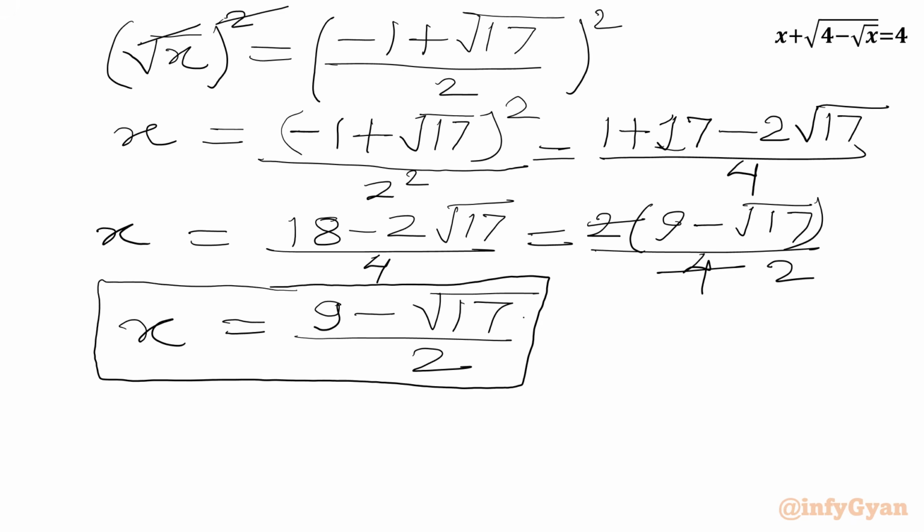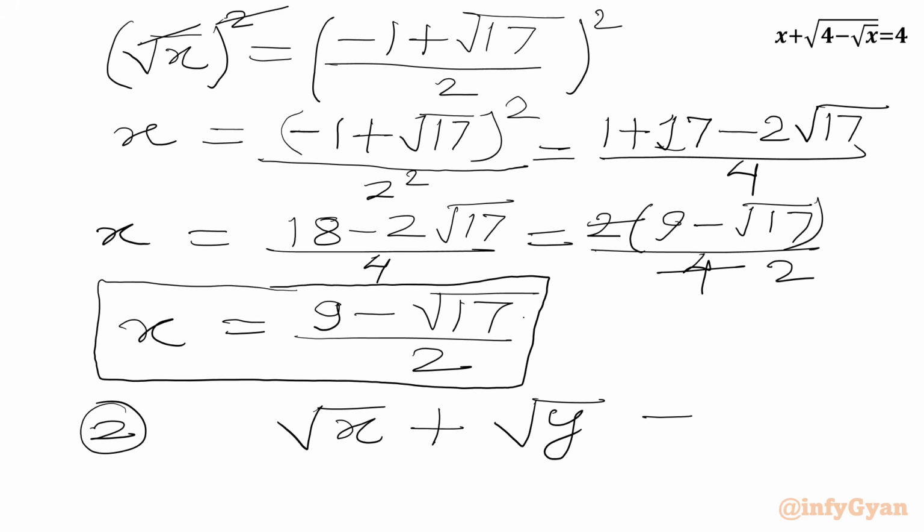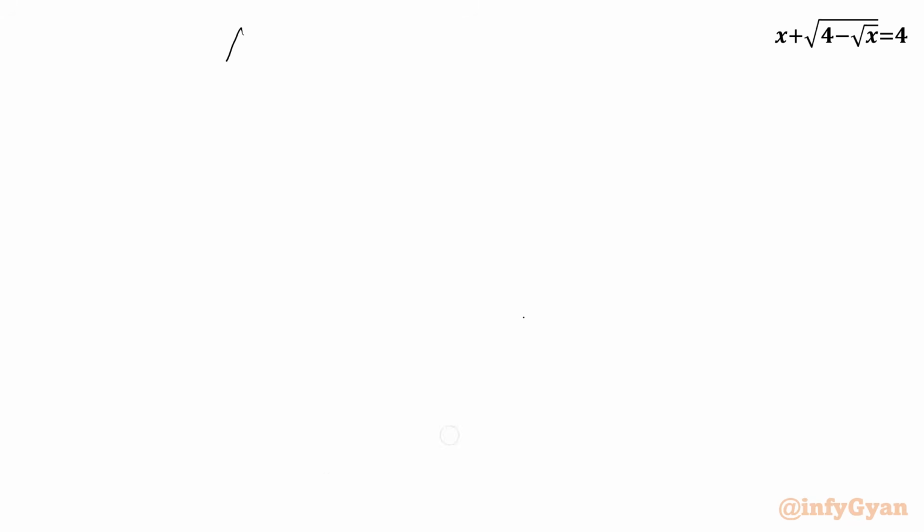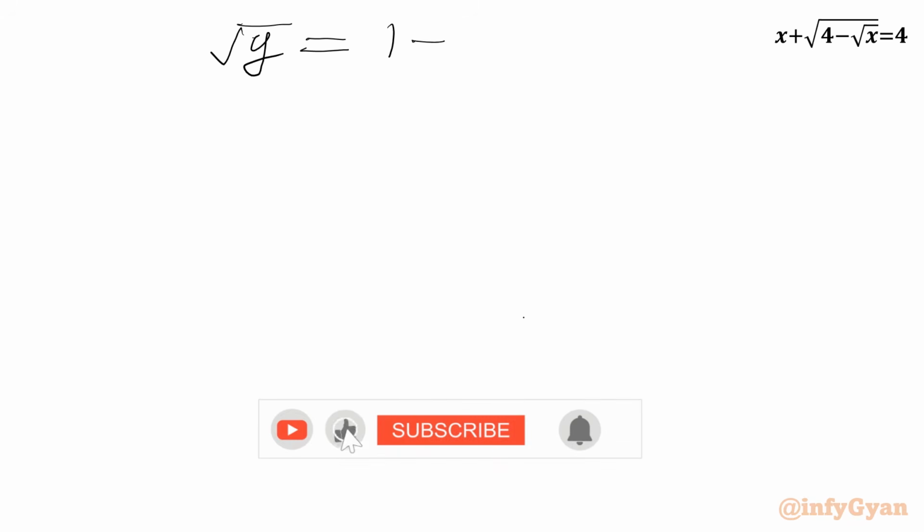Now we will take up the second equation which we have to solve, square root x plus square root y equal to 1. So I can write square root y will be equal to 1 minus square root x.